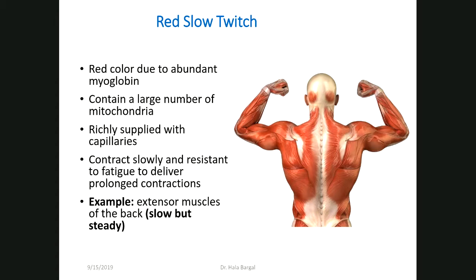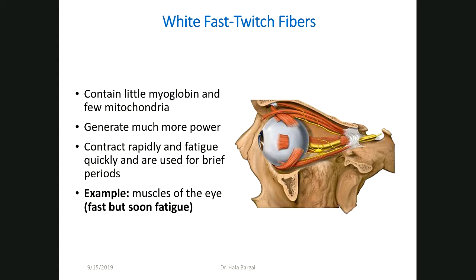The second type is the white fast twitch fibers. These white fast twitch fibers contain little myoglobin and few mitochondria. They generate much more power, contract rapidly, and fatigue quickly, and are used for a brief period. The best example for this is the muscles of the eye.